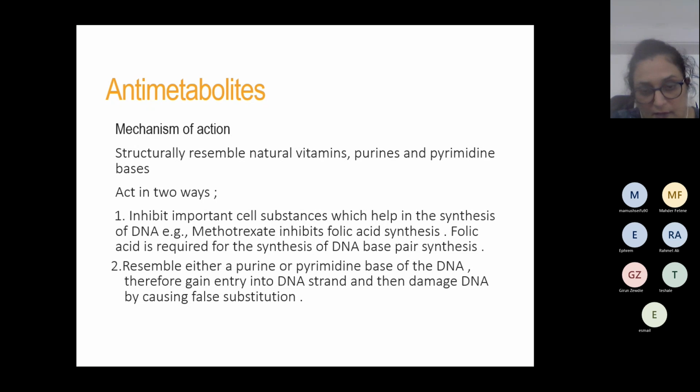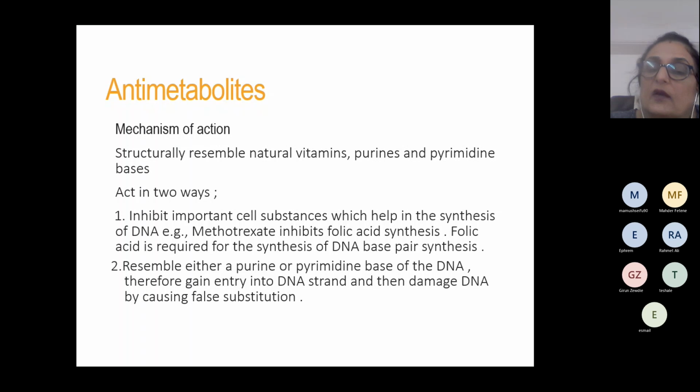A wrong purine or pyrimidine base has gone and attached instead of the right one, because it resembles the purine and the pyrimidine. So DNA cannot make out whether it is a real purine or pyrimidine or a misnomer. So these purine and pyrimidine bases resemble mRNA. When the DNA uncoils itself, then it has to duplicate.